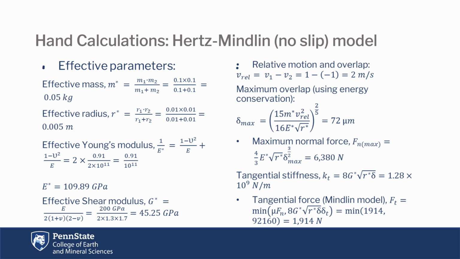So we got 6,380 Newton, and then we calculated the tangential stiffness from the shear modulus we got earlier. The value is 1.28 times 10 to the power 9 Newton per meter.